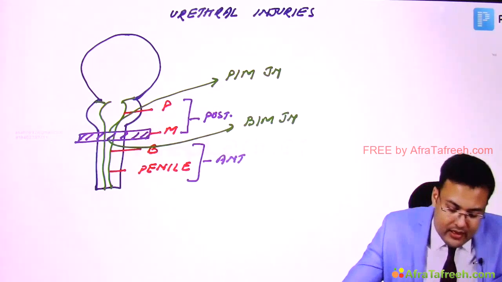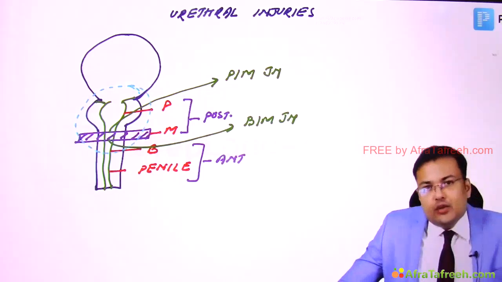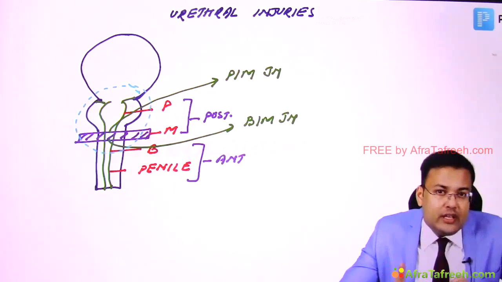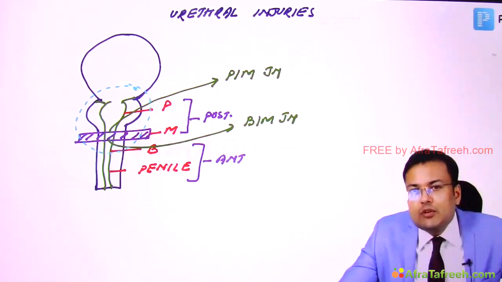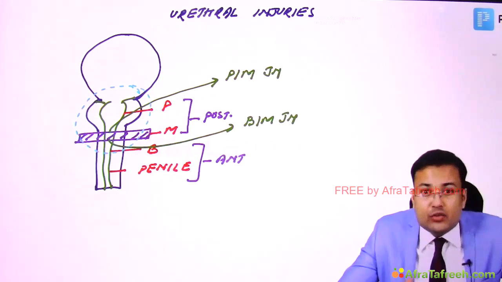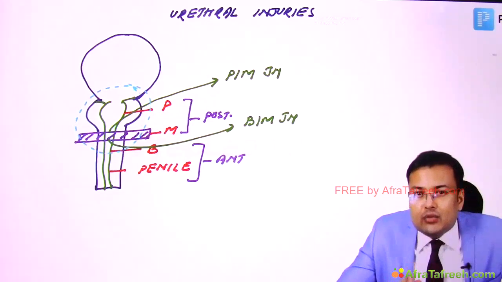Simple. Second, you can see that this posterior urethra is located into which part of body? Pelvis. So if posterior urethra is located into the pelvis, what is the most common cause? Pelvic fracture. And what is the most common cause of pelvic fracture? Road traffic accident. And we discussed in bladder that road traffic accident leads to pelvic fracture.